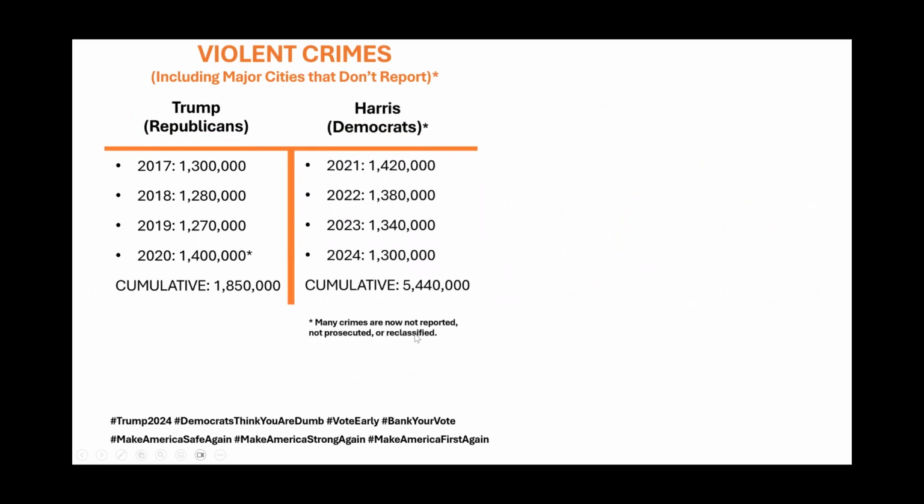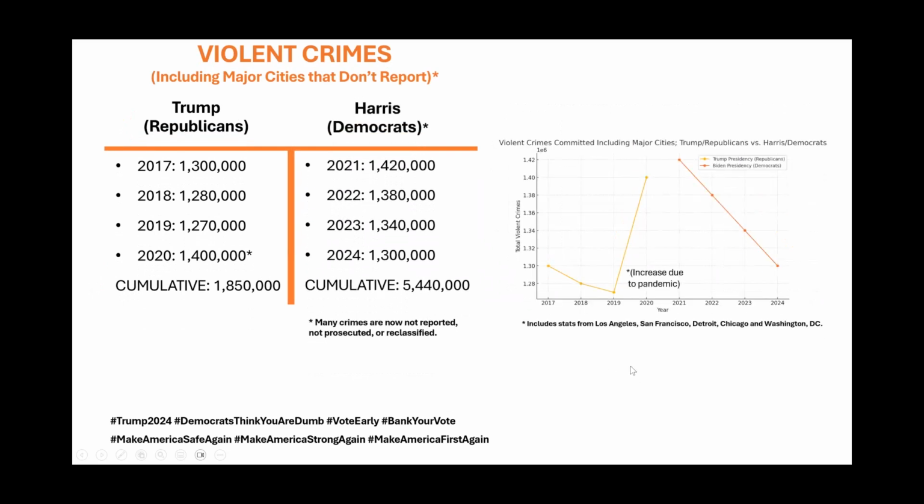When you include the major crimes in Los Angeles, San Francisco, Detroit, Chicago, and DC, currently under Democratic policies, these cities do not even report stats. And if they did, if there was more honesty and transparency in the reporting, cumulative violent crimes 1.8 versus 5.4 million under Democratic policies.